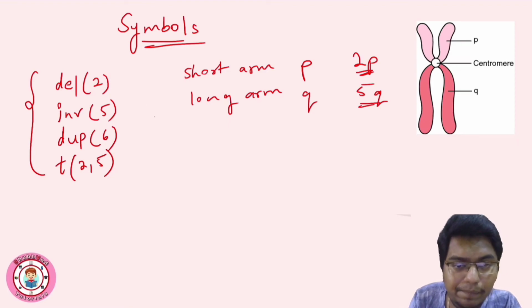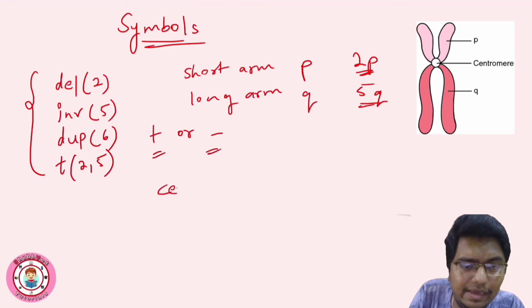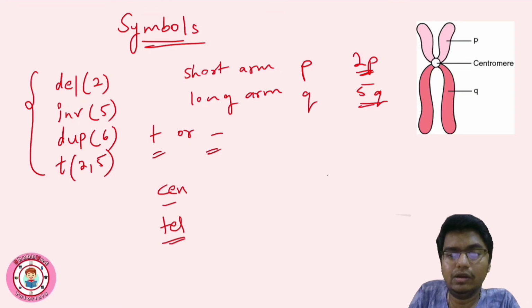Then plus or minus means gain or loss of chromosome. CEN for centromere, TEL for telomere. 2p minus means deletion of the short arm of chromosome number 2.